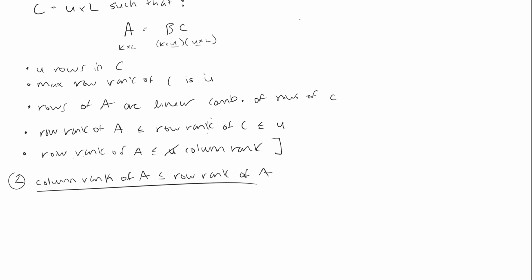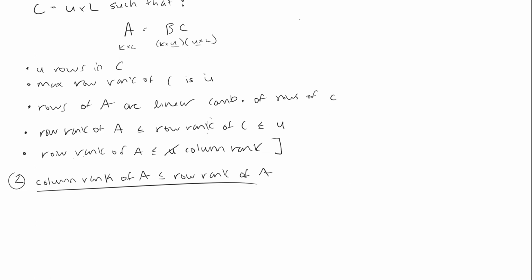Because if you write out that inequality of row rank less than or equal to column rank less than or equal to row rank, the only way equality is even possible is if the row rank is equal to the column rank. So let's go about doing this.